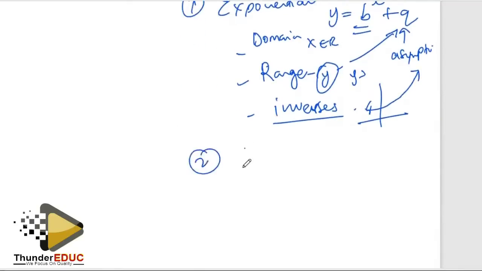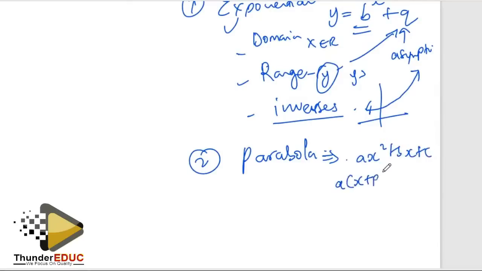Then two, we have the parabolas. Parabolas always have to be with another graph. In most cases, either a parabola and a straight line, a parabola with an exponential, or a parabola with a hyperbola, okay? So that is x squared plus bx plus c. We also have a(x plus p) squared plus q, where p and q represent the turning point.